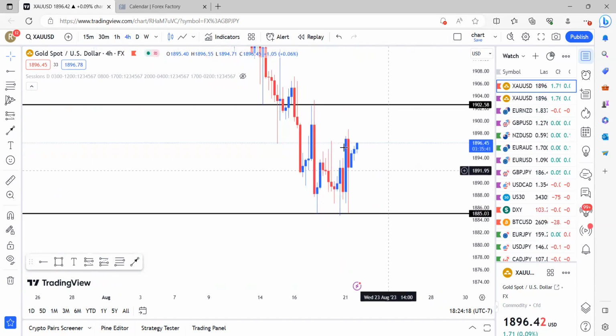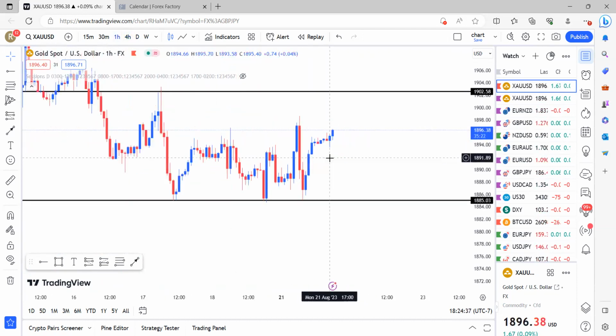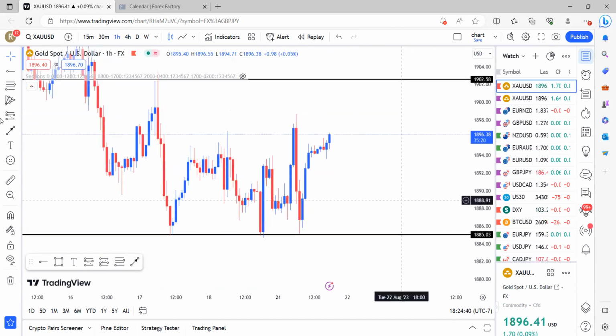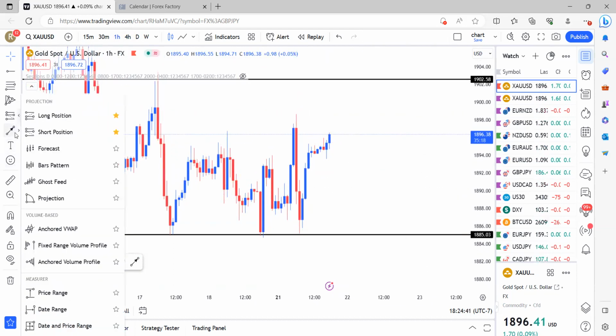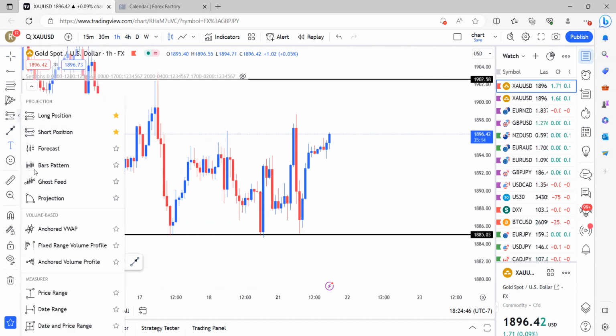So today's New York session was a little choppy for us. We had this support level on this broker's 4-hour time frame. You can see we've created that support, created the resistance again, and then continued going bullish. So let's see what happened today and where we can look to get into positions or at least some potential targets.